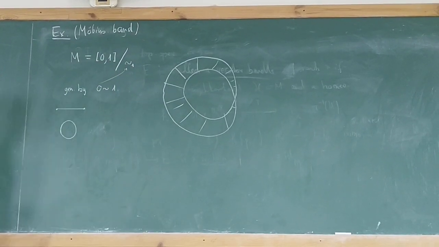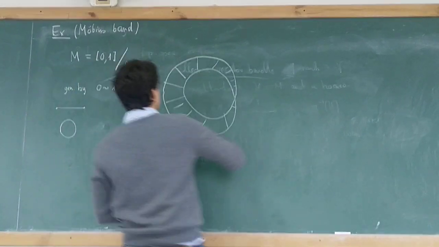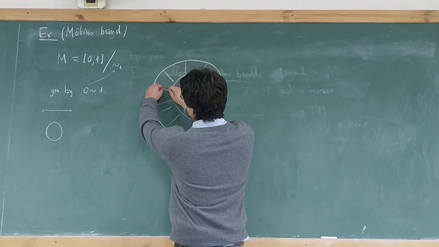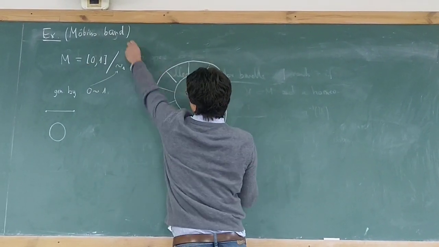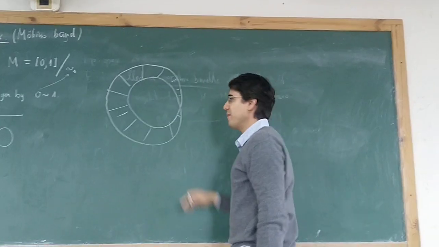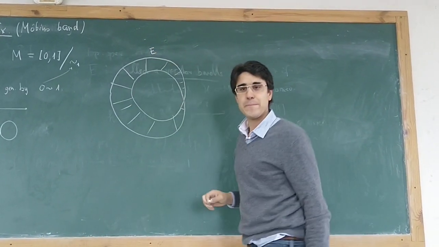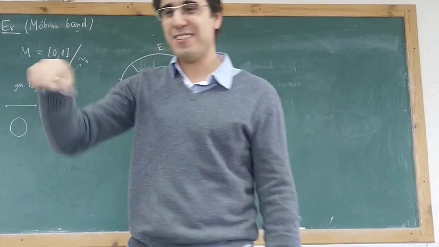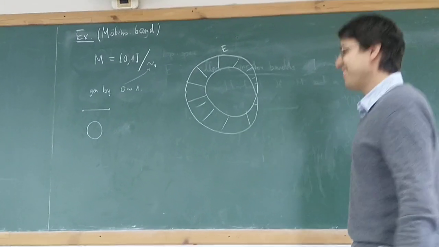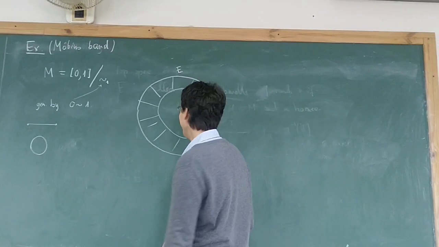Something like this. Möbius band. And of course, each of these lines extends infinitely, but I can't draw this. This will destroy the picture. So this is E, the Möbius band. Maybe you should just pass it around. Then here we have the Möbius band already.